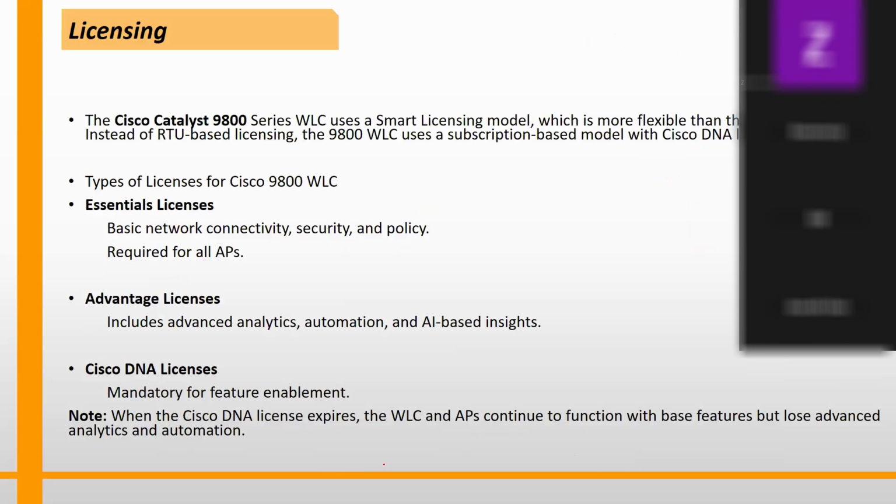Let's look into the 9800 licensing. We have moved from the right to use license to smart licensing, because things are going into the cloud and following a Microsoft-like licensing model where it is subscription based.